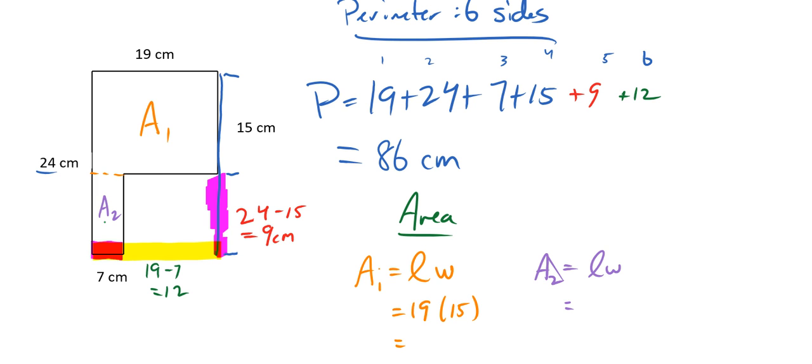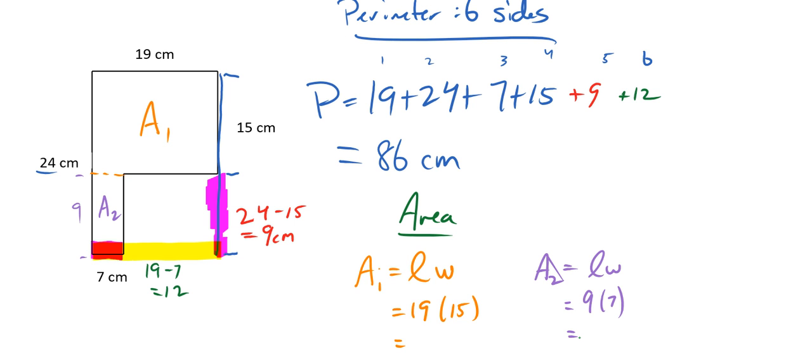Riley. Nice, 9 and 7. Some people might think 24 because that's this side length, but I only want that part. And we figured out that part right there, 9. So 9 by 7. Okay, good. This part here is 9. So that's 9 times 7. We'll figure out that part.